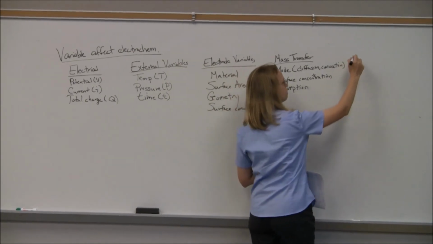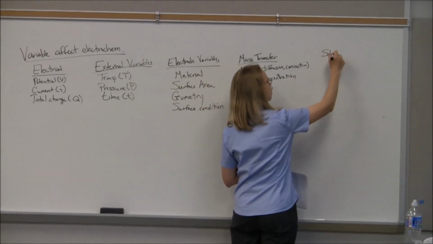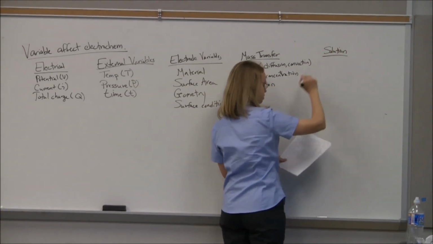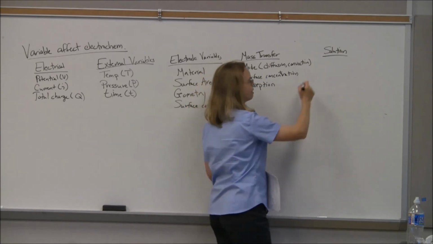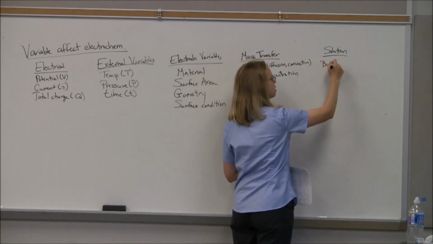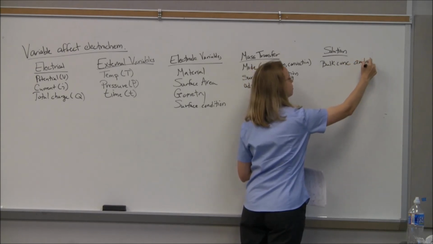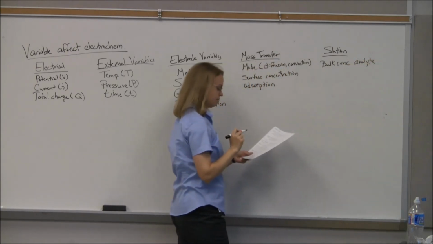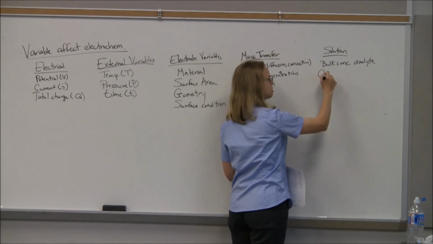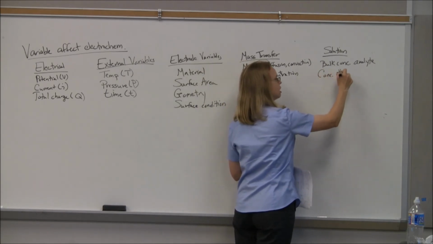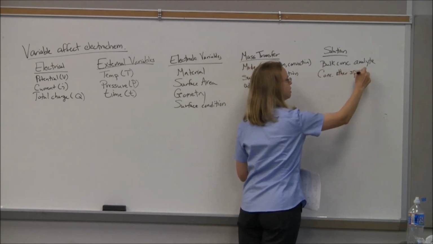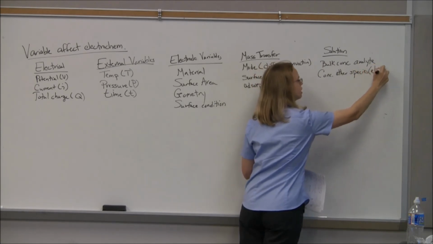And then the final thing, for all of our solution variables. Here we care about the bulk concentration of the analyte that we want to look at. We can look at the concentration of other species, particularly the electrolyte.